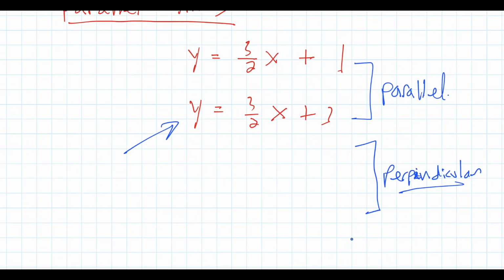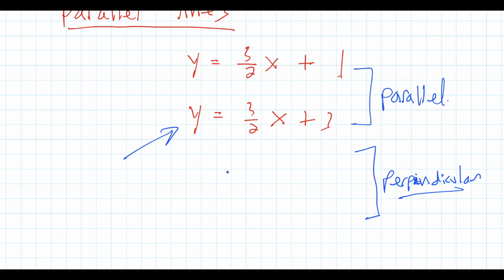Do you know it? I'll just use the same equation, y equals 3 over 2 x plus 1, and the one that's perpendicular to it would be y equals negative 2 over 3 x plus 1.